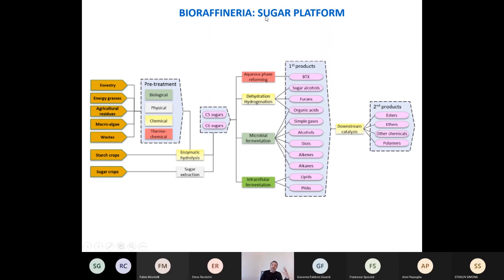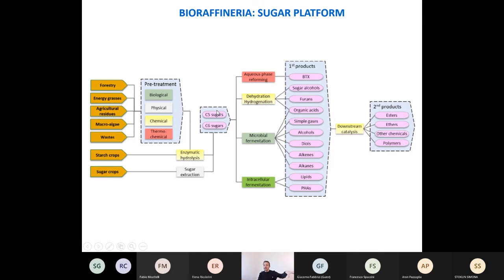The idea is to use a lot of kinds of biomass, probably preferring biomass residues, to obtain sugars, and you have just seen some possible pathways.